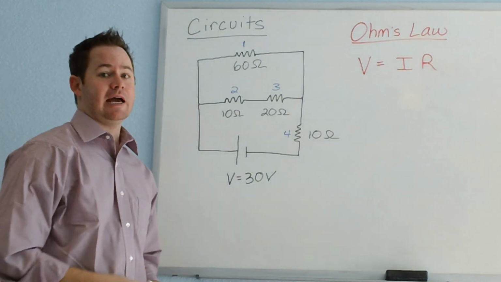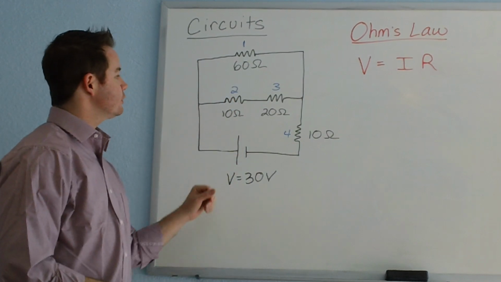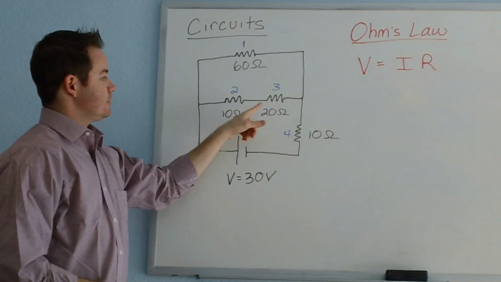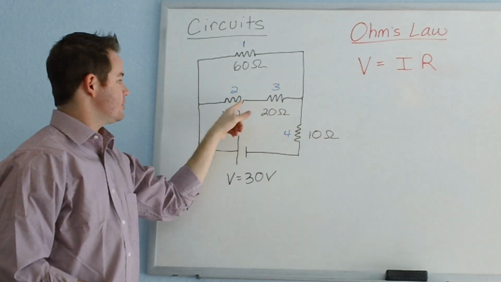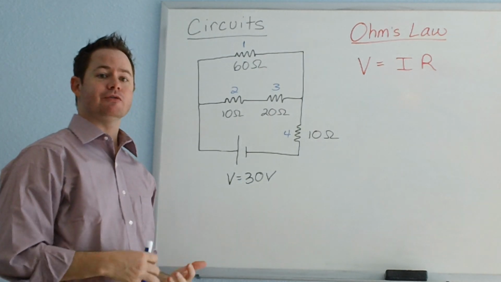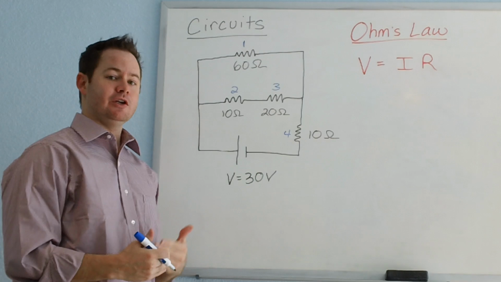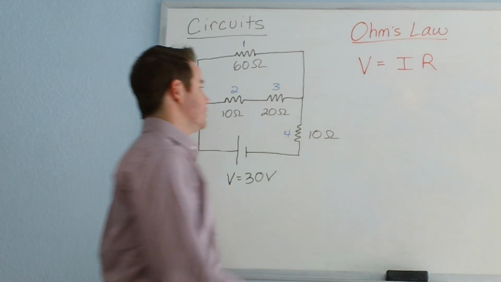So now let's take a look at how to calculate our equivalent resistance for this circuit. First of all, if we have two resistors in series, for example, resistors 2 and 3 here as part of the same branch, to calculate the equivalent resistance for those two, we can simply add up those values. Resistors in series, you add the resistance to find your total.